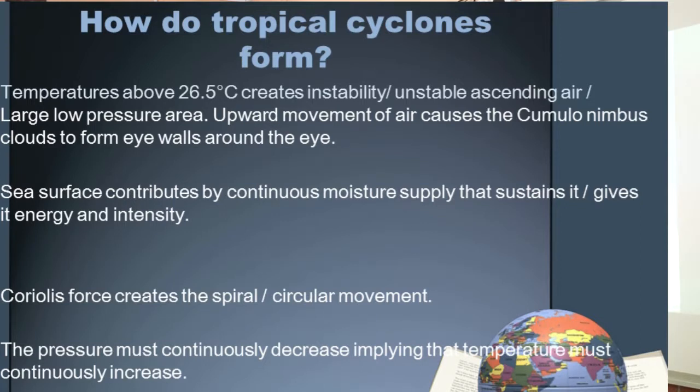Right? How do they form? Temperatures above 26.5 create instability, unstable air. The one that rises up should be a large low pressure area, which implies a large area which has got high temperatures. Upward movement of air will cause cumulonimbus clouds to form eye walls around the what? The eye.